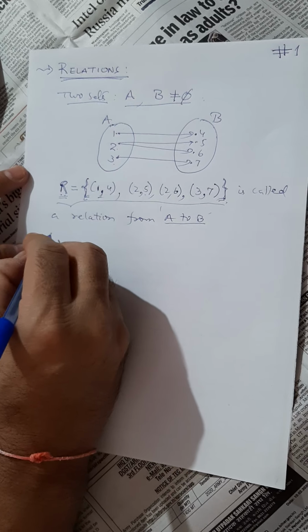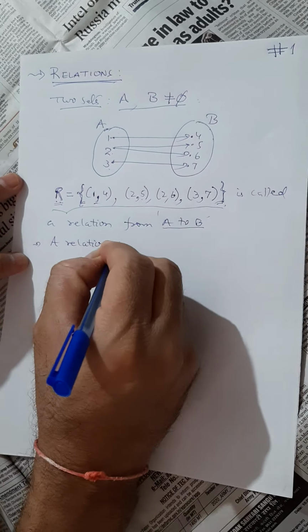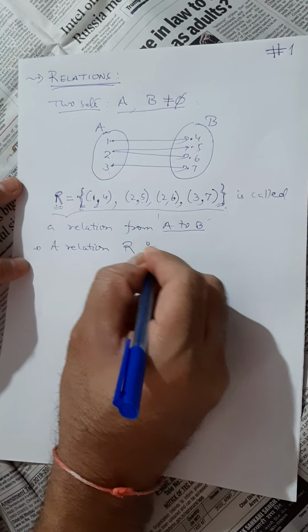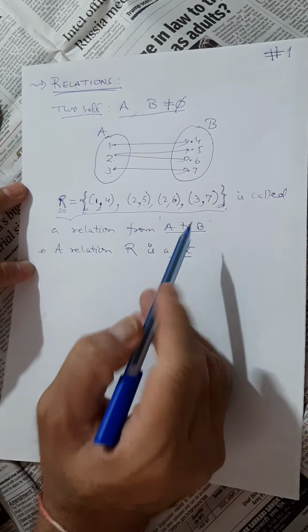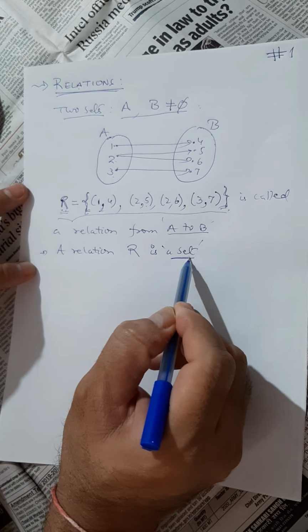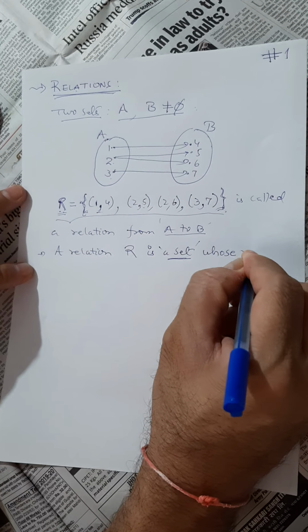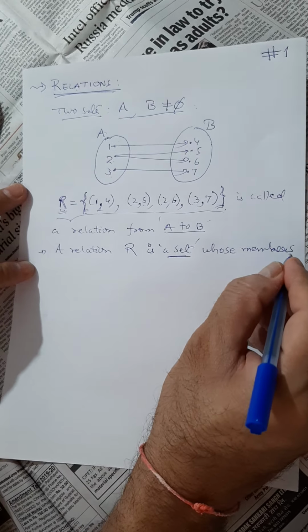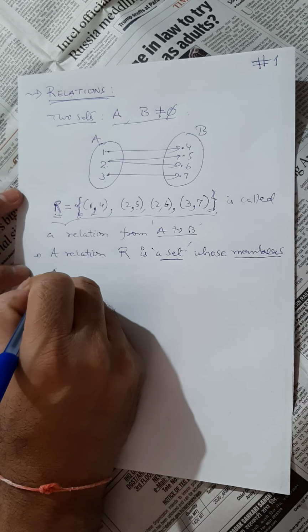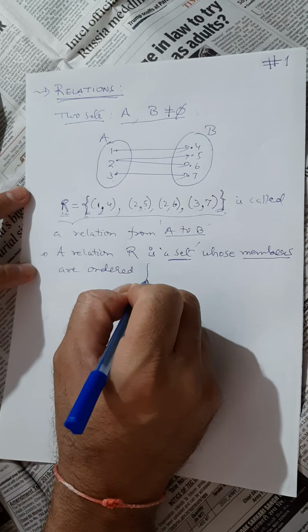So in general we say that a relation R is a set. Here relation means set, remember. A relation is a set consisting of some members, whose members are ordered pairs.